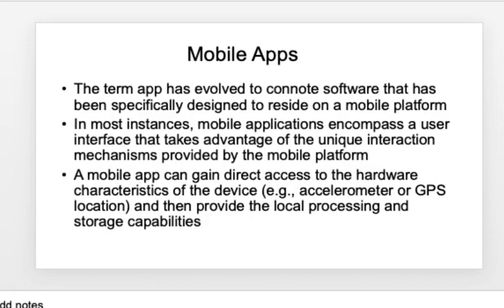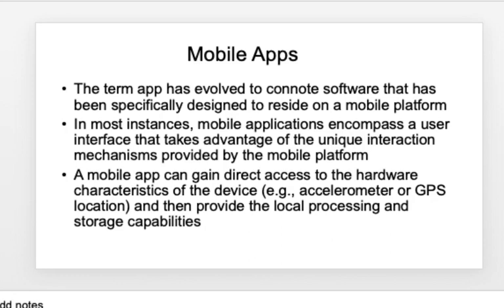Then we have the mobile apps, which has evolved to connote software that has been specifically designed to reside on a mobile platform. So this will definitely have a UI that takes advantage of the unique interaction mechanisms provided by the mobile platform.